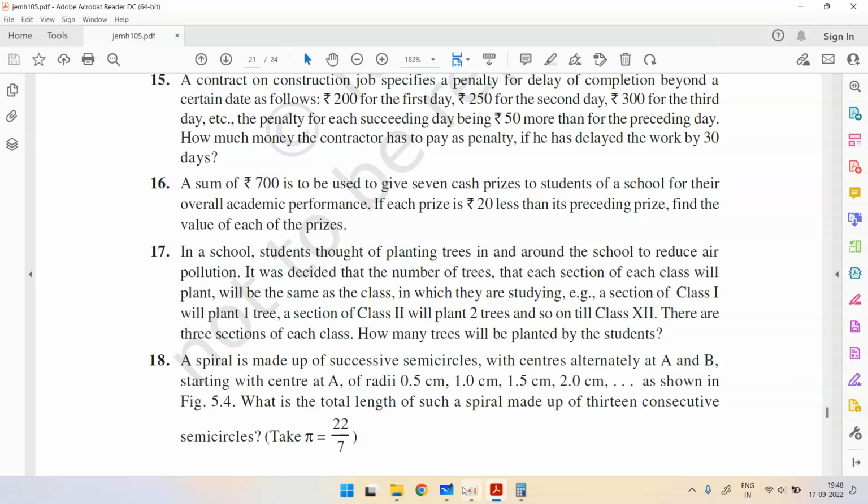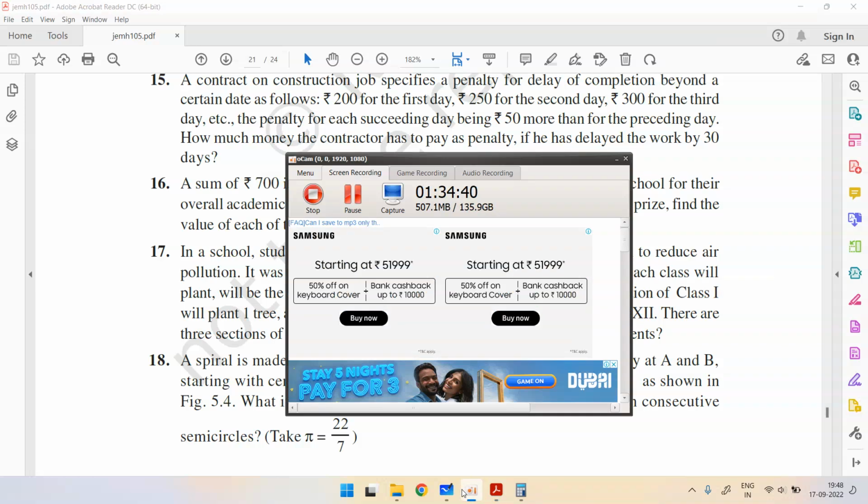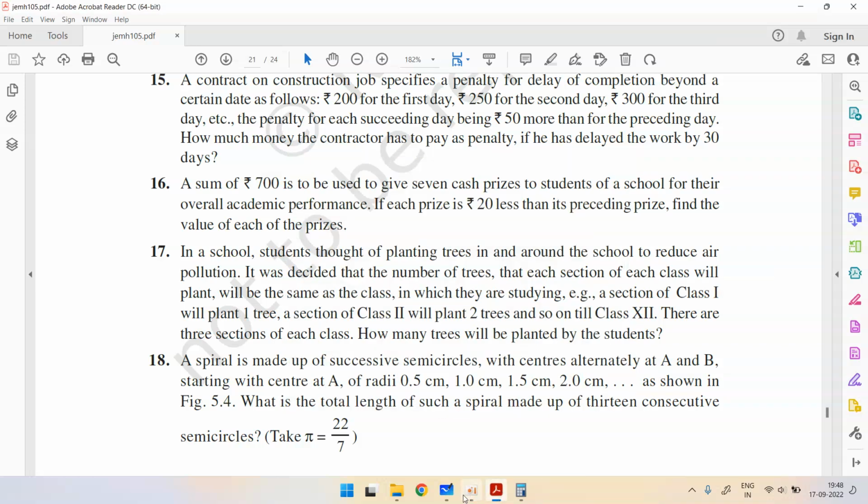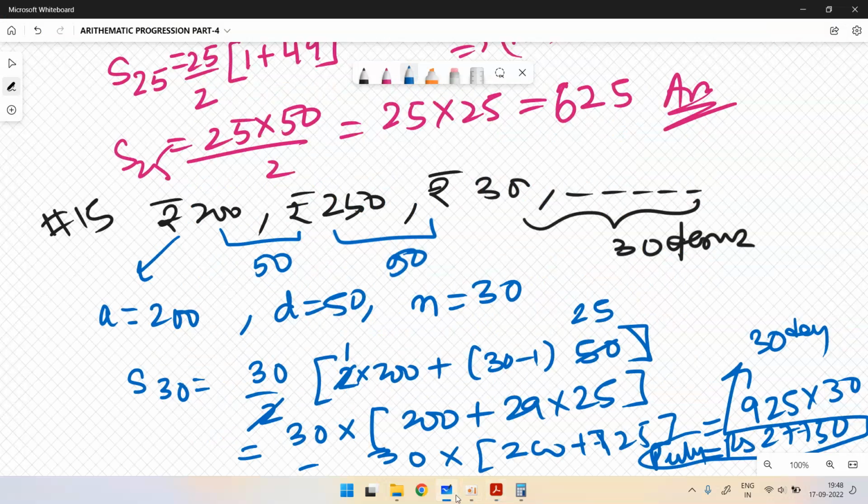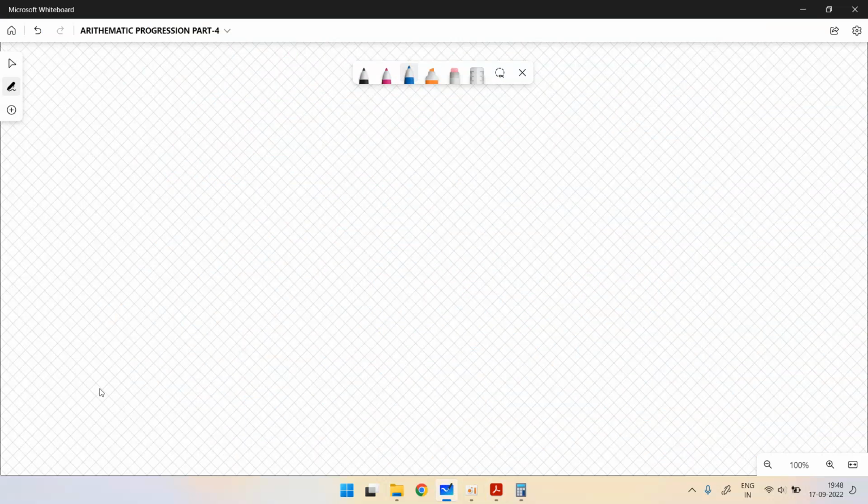So 700 is the total money we have, and each prize is 20 less than the preceding one, so I will do this question. This is the 16th question.